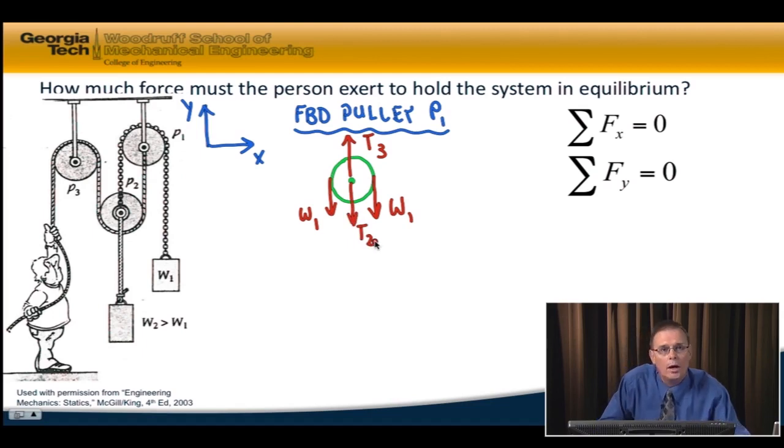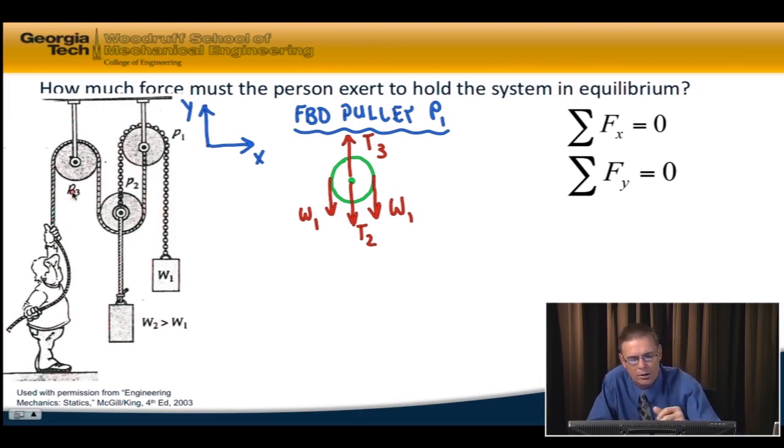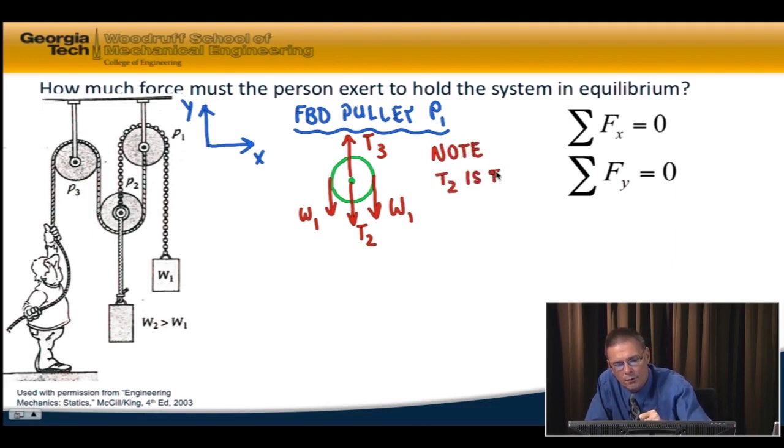And I want you to note on T2 that if I follow the tension in T2 all the way around here, it's actually the force that the person must exert to hold the system in equilibrium. So let's make a note of that. We'll note that T2 is the force the person exerts. So that's going to be our answer.